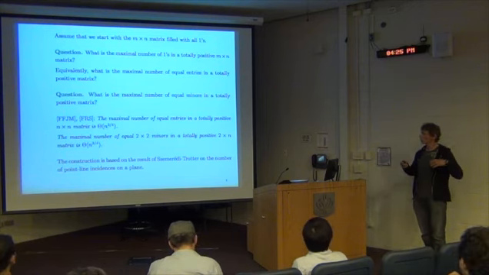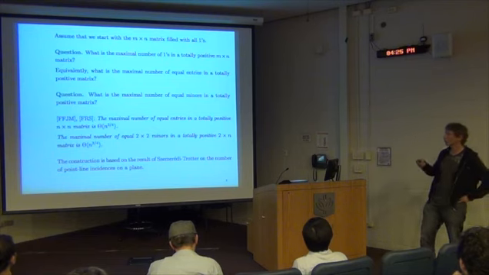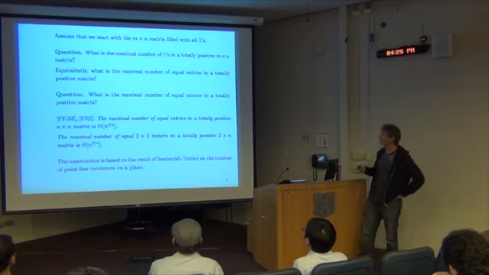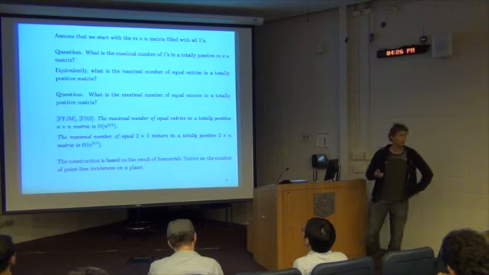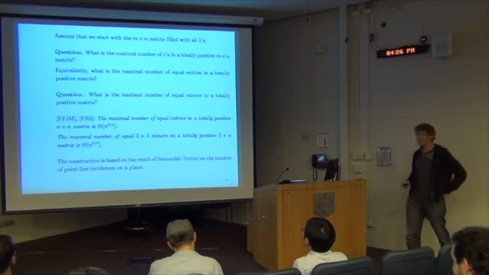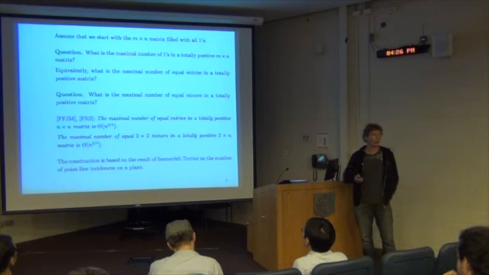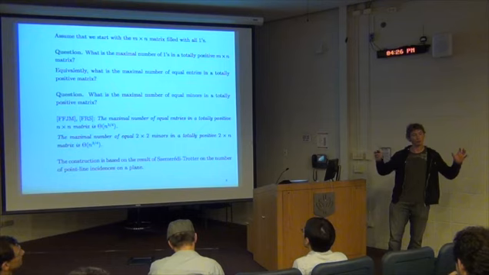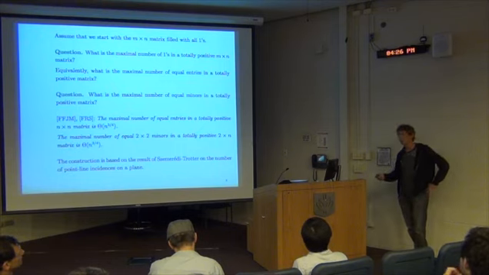In other words, you want to maximize the number of entries that you don't change. So that means that this question is a question about the maximum number of ones in a totally positive matrix of given size. Equivalently, we can ask what is the number of equal entries? Because if you have a matrix with some equal entries, of course you can rescale this matrix and make all these entries to be one.